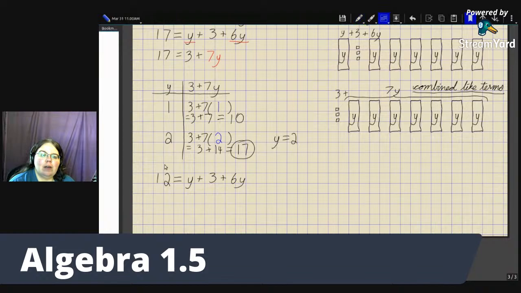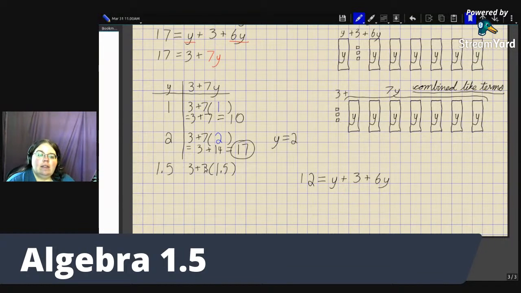You might be tempted to try 1.5. So let's see, 3 plus 7 times 1.5. That would be 7, and then half of 7, so 10.5. So we'd have 3 plus 10.5 would be 13.5. That's still too much.